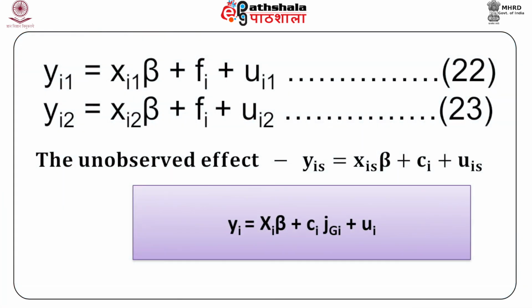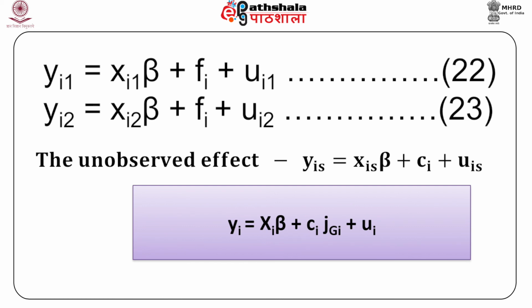We can write y_i1 equal to x_i1 beta plus f_i plus u_i1, equation 22. And similarly, y_i2 is equal to x_i2 beta plus f_i plus u_i2, as equation 23. The above equations are for siblings 1 and 2 respectively, and f_i is an unobserved family effect.